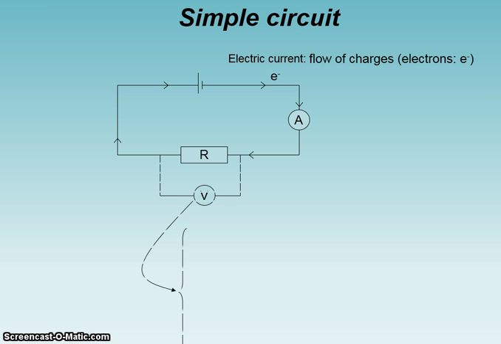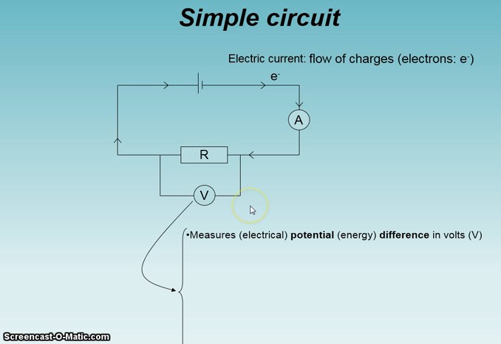Right. Now let's look at a voltmeter. Now a voltmeter is connected over the resistor, and what does a voltmeter do? A voltmeter measures electrical potential energy difference in volts with symbol V. Now remember, electrical potential energy comes from your battery, and there's going to be a difference between the 2 points, that point and that point, because some of the energy will be transferred when the charges flow through the resistor.